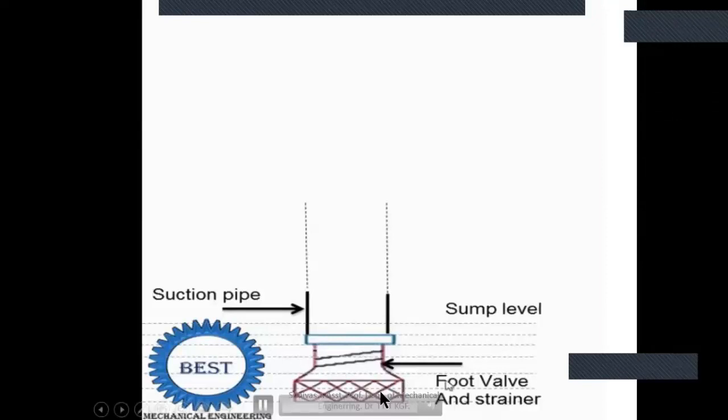That is the strainer function. And then the foot valve is a one-way valve, so it will allow water to enter the suction pipe, but it will not allow the water to go back down. This is what the foot valve does.